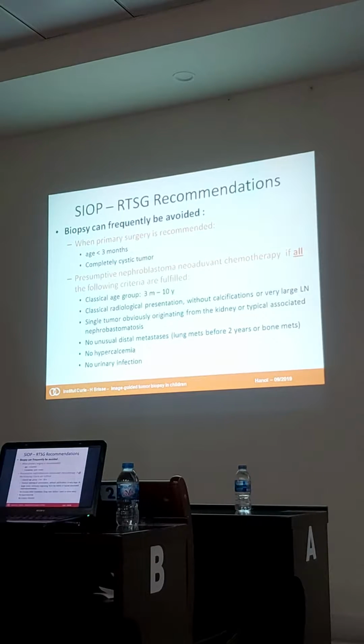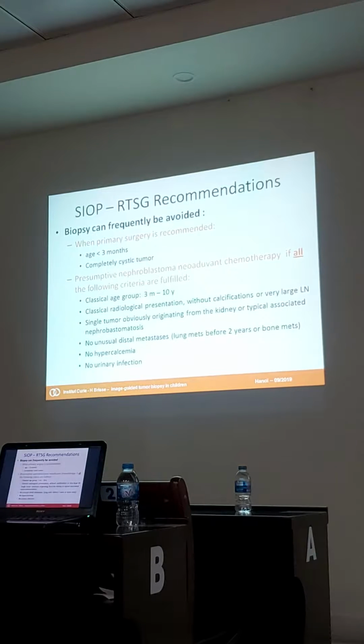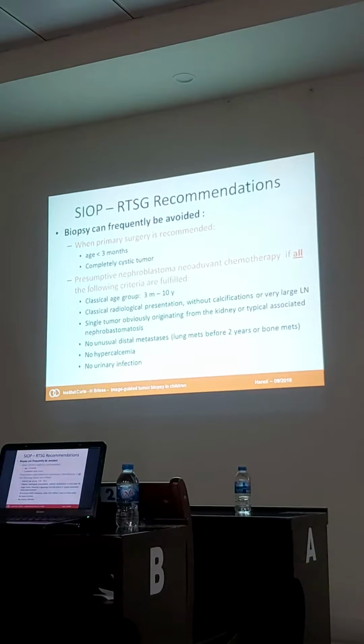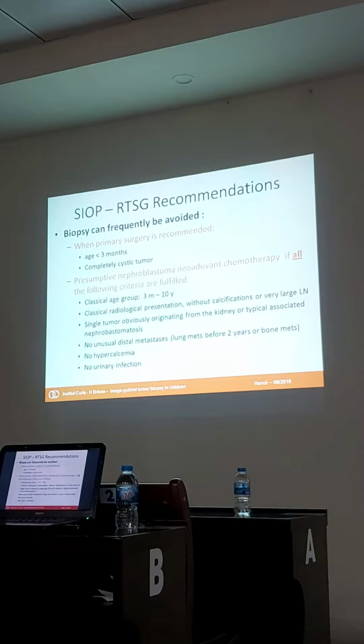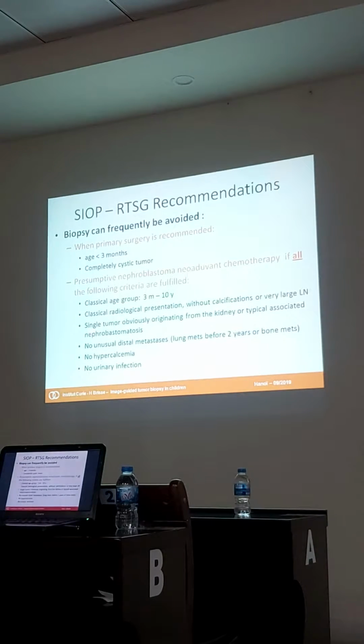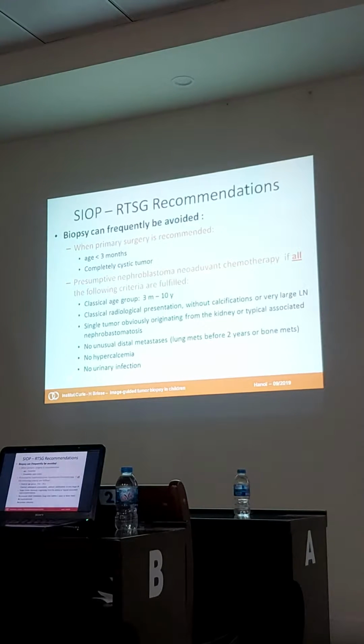I mean, the patient is in the good age group before the age of 10. There is a typical classical presentation with a huge tumor without calcification or very large lymph nodes. This is a single tumor clearly originating from the kidney, and there is no unusual metastasis.